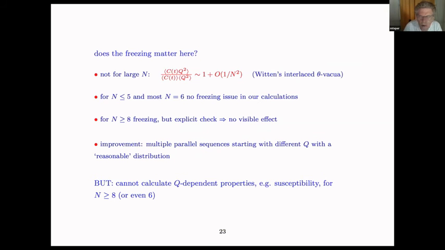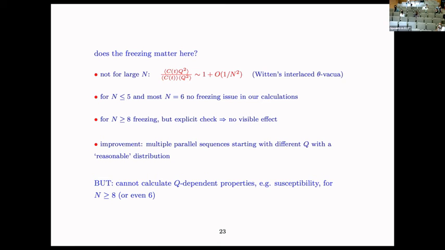Now, the question is, does topological freezing matter? Well, first of all, at large n, for the kind of calculations we were doing, which is glueball, string tension, and so on, it should not matter, precisely because of Witten's interlaced theta vacua. So we are in this particular theta vacuum, which has periodicity of 2 pi n.